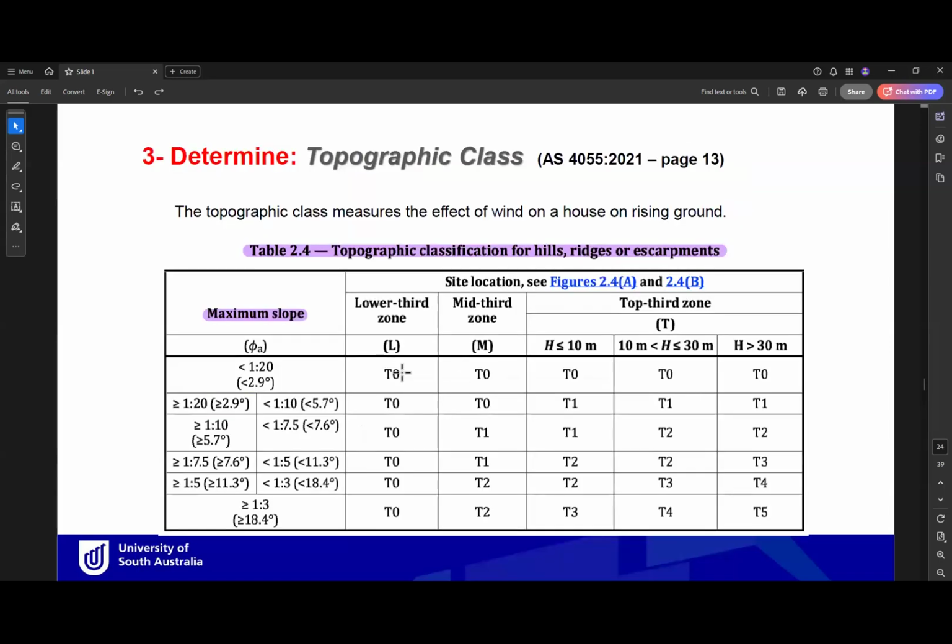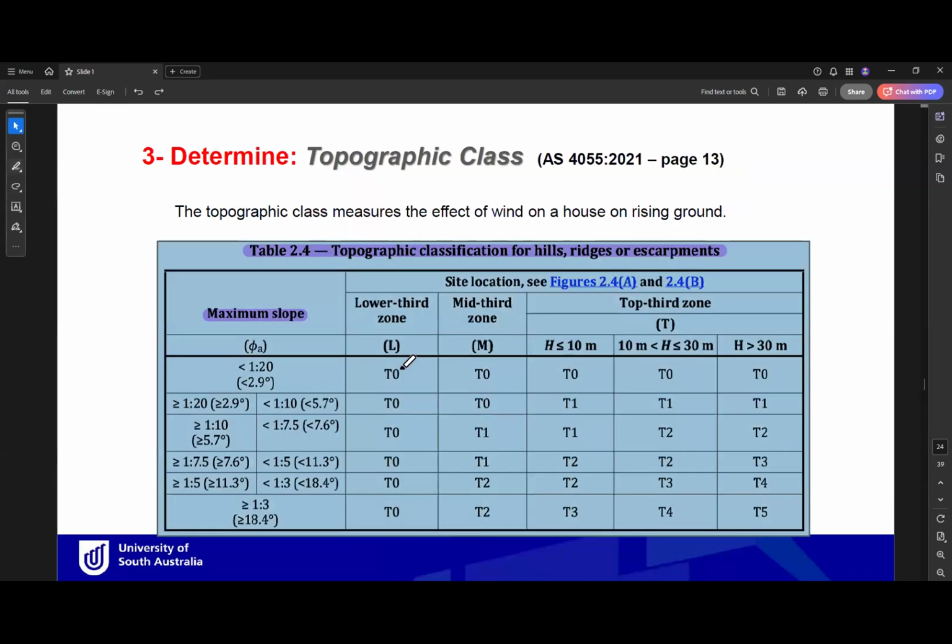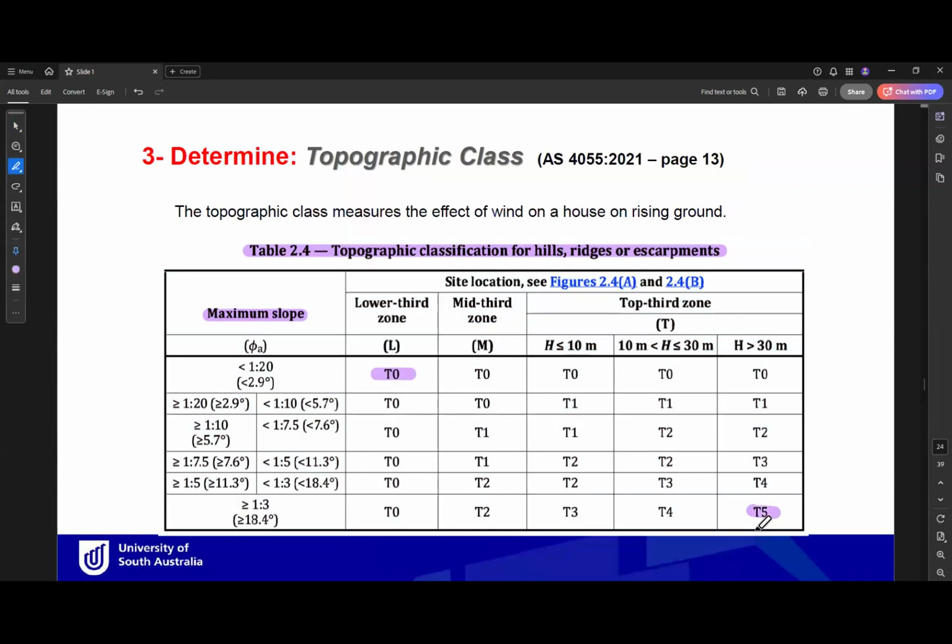This topographic class ranges from T0 to T5. So based on the slope, based on the location, if the building is in the lower zone or mid zone or top third zone, it can be T0 or T1 or T2 or T3 or T4 or T5.